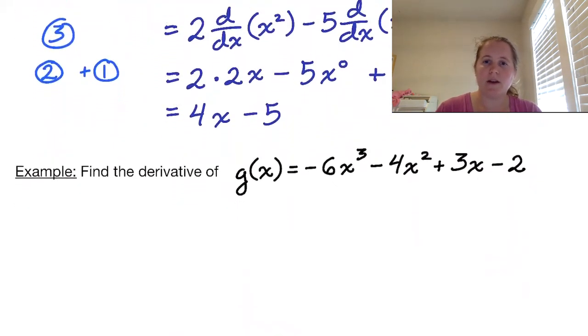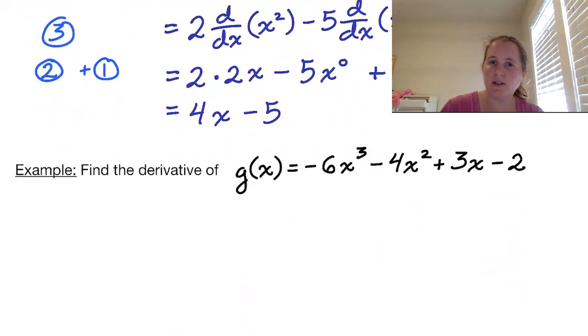And now let's go ahead and take the derivative of g of x is equal to negative 6x cubed minus 4x squared plus 3x minus 2. So once again, we can break this up with our derivative rules.